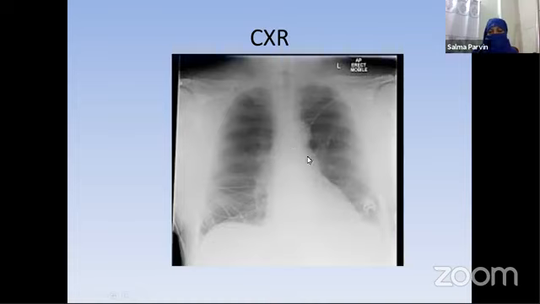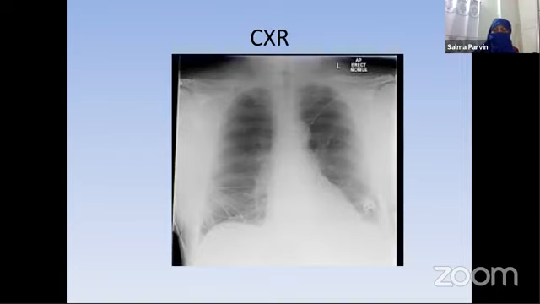The X-ray is taken with the patient lying, usually by portable radiograph, where there is a limitation of optimization of the exposure factors. Mostly they are fixed and you cannot change them so much. So you may have such a hazy film here.